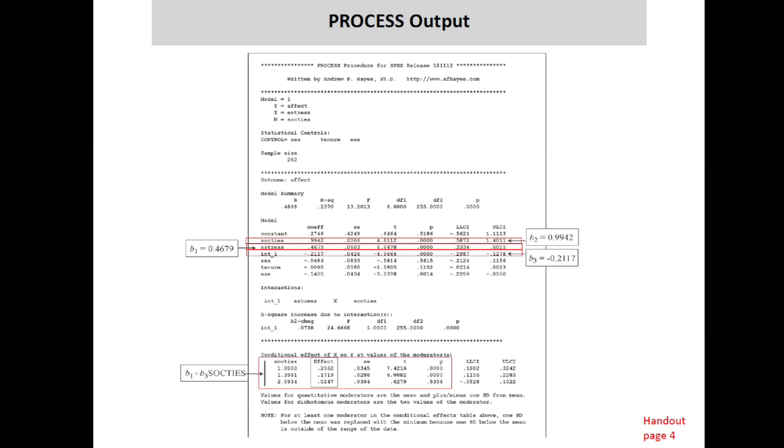If you were to go the same distance below the mean, you'd go beyond the range of the data. 1 is the lowest value in the data. So Process knows that, and it picks 1 instead of giving you a number that's actually outside of the range of your data. I don't know how often you've done the pick-a-point approach and ended up in a situation where that low value is outside of your data. It picks that up for you and doesn't let you make that mistake.